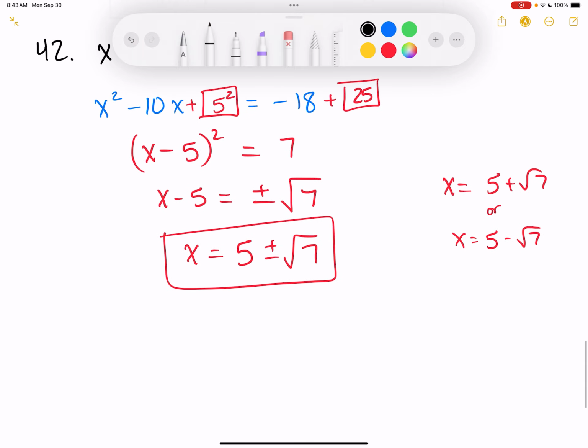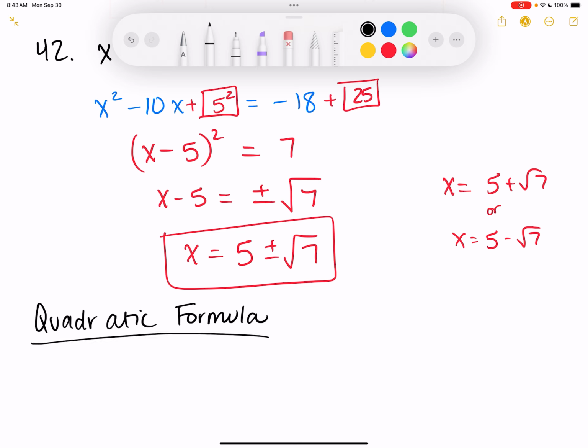And with completing the square, like I say, that takes quite a while for people to understand really what's going on and stuff like that. So you may need to do a few extra of those if you feel like you're struggling with them to really understand what's going on.